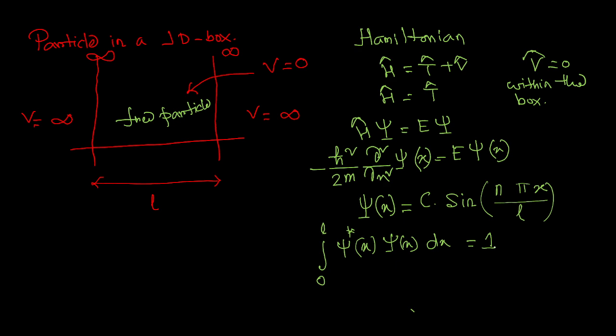So this C is a normalization constant. We need to derive the expression of C first, then we will jump to our question: what is the overlap between psi 1 and psi 2?